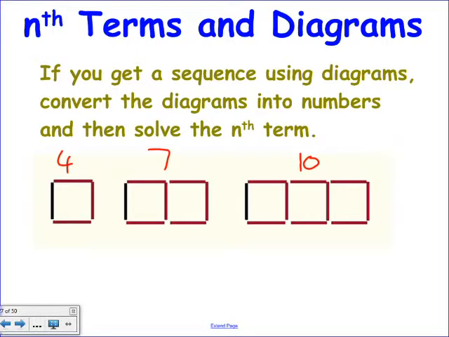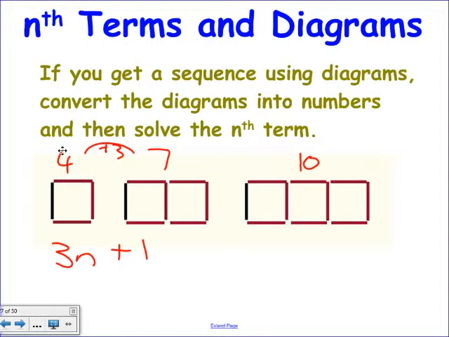What's my nth term? Plus 3. Good. So my rule is plus 3, on 1. So my nth term becomes 3n plus 1. So the expression, the nth term for this series of images is 3n plus 1. Let's say I want to look at the 20th image.